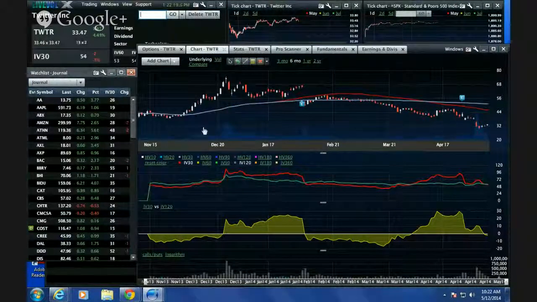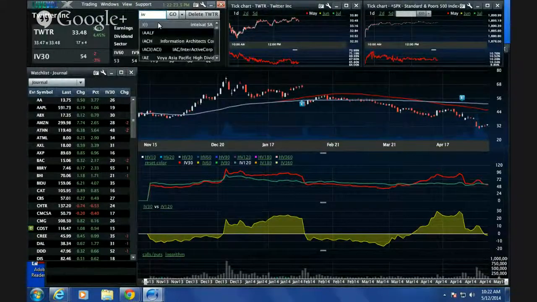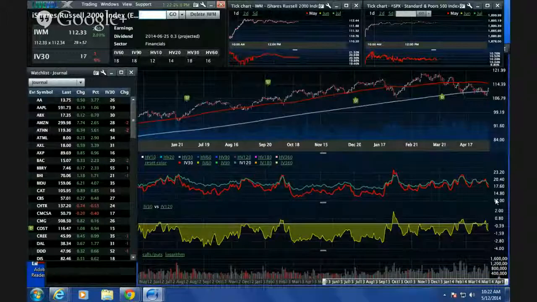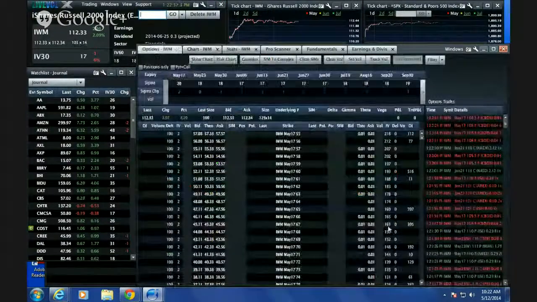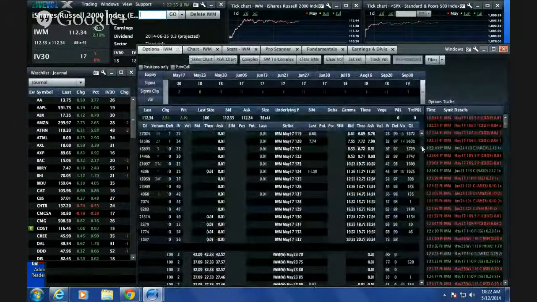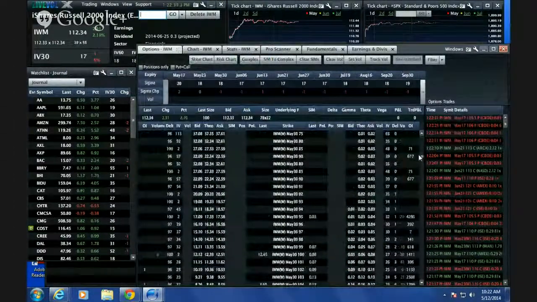So that's about it. Looking at that, I was thinking of doing some IWM 1x2. I was thinking of that last time, like the 104.90.